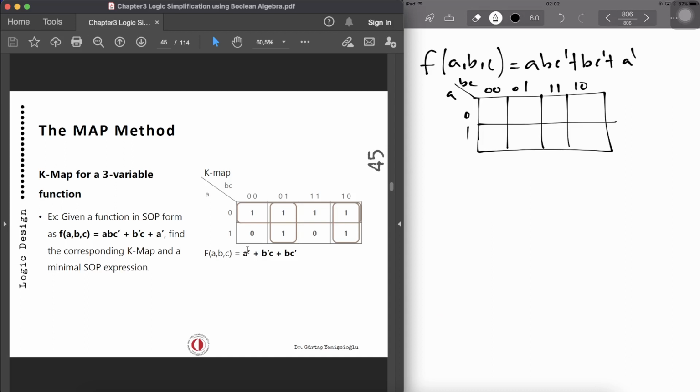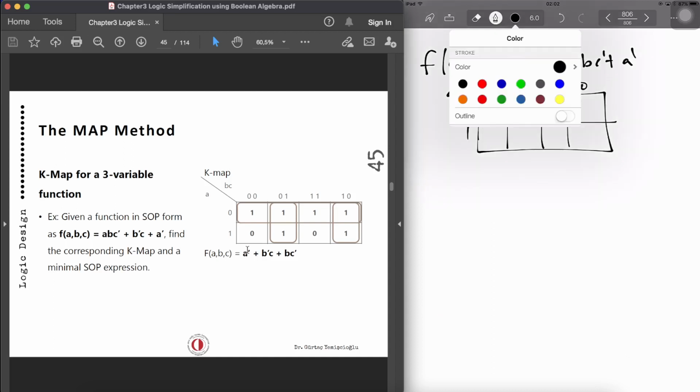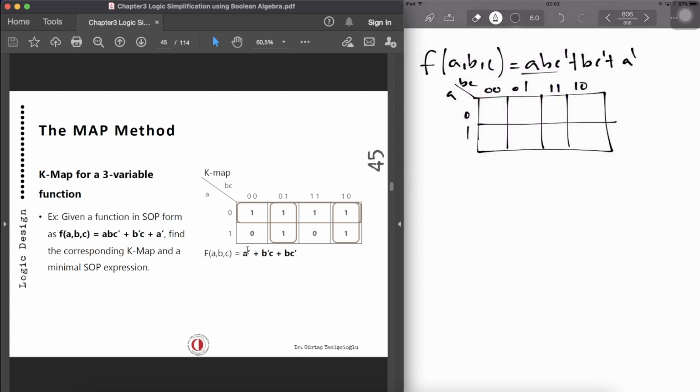So let's start with the first one, where we have got A B C prime, where A is 1, B is 1, C is 0. So that means this is the point. Then we look for B C prime.